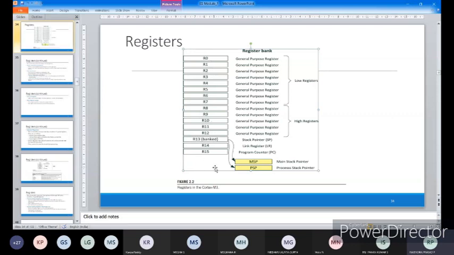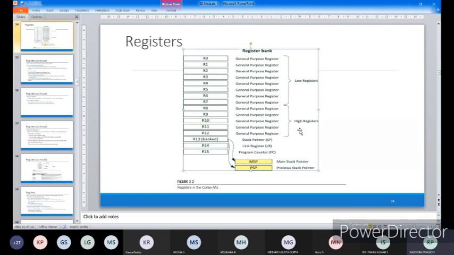They are called general purpose registers, R0 to R12, so totally it is 13. Out of these 13, R0 to R7, which is 8, we call low registers. And R8 to R12, the upper 5, we call high registers.